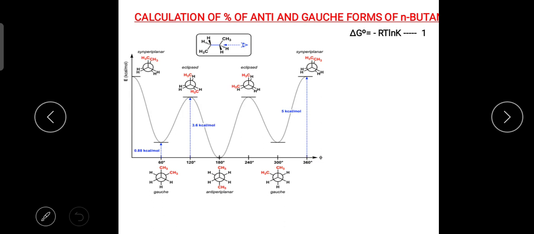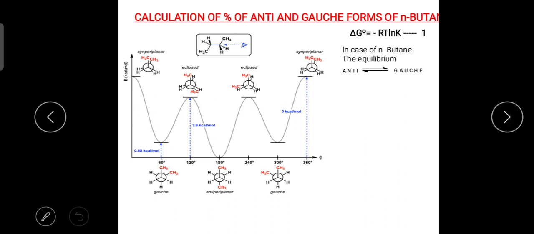And R is the universal gas constant, T is temperature in Kelvin, and K is denoted by the equilibrium constant. So this is the equation where we can find the free energy change of different conformers.